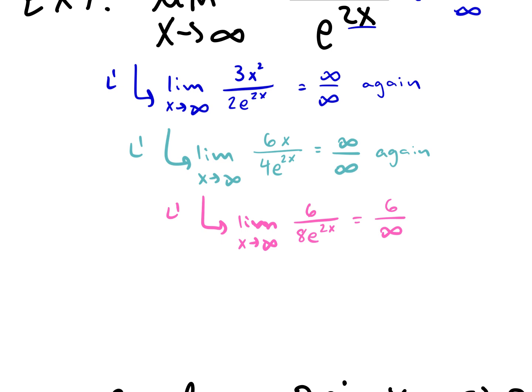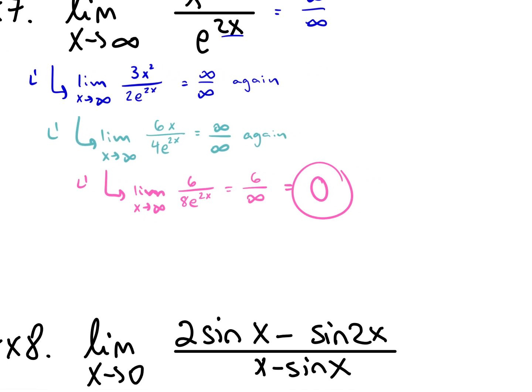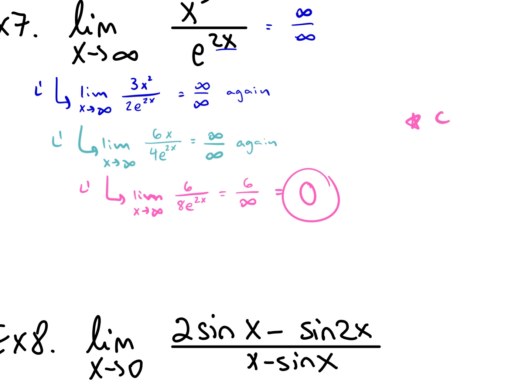What does 6 over infinity equal? Not infinity. What happens if we have a constant divided by infinity? It's 6 divided by a really, really big number. What do we get? 0. Awesome. So our limit would be 0. So again, remember, a constant divided by infinity equals 0.